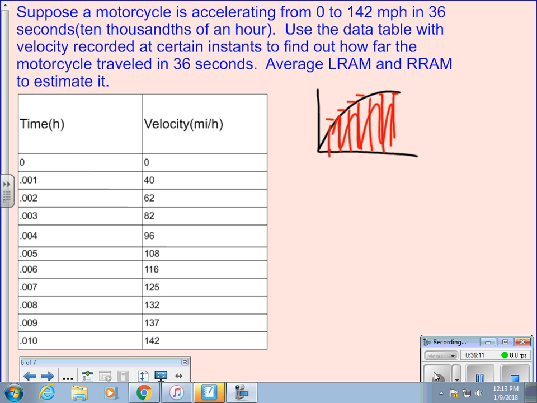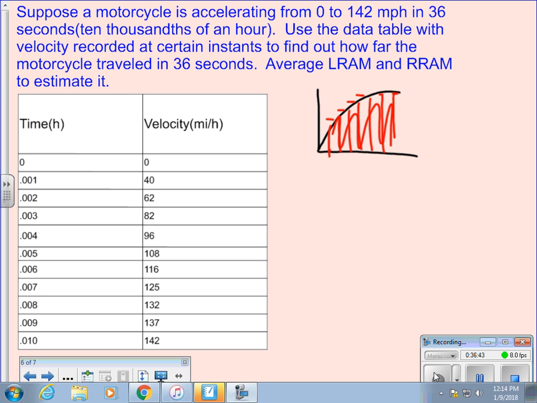So the distribution property says we can factor out a common factor. Same idea here. And here's what's really cool. If you wrote this down as a table, turn your paper sideways so that the time is at the bottom and the velocity is on the top. If you don't, then turn your head like this. Because this is my width, these are my heights. So my first rectangle goes out until it touches one of those two values. And depending upon which one I'm looking at determines which value I'm going to use for the height of my first rectangle.